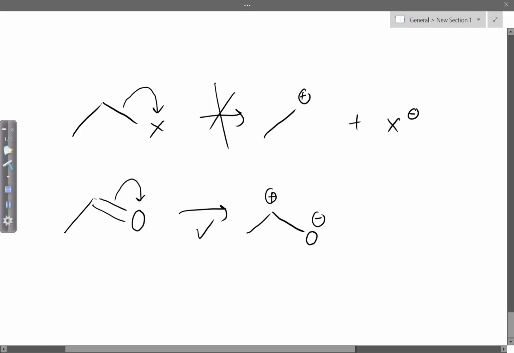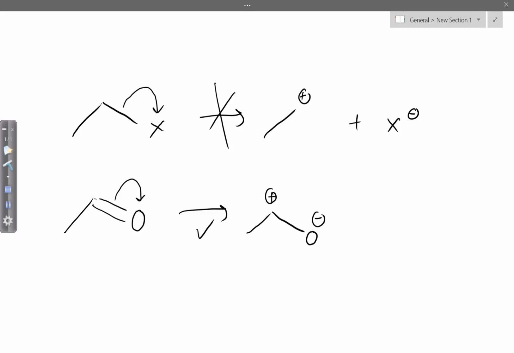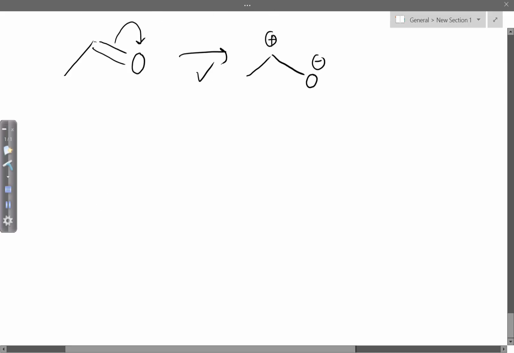Next, rule 2, never exceed an octet for second row elements. Elements in period 2 can only contain up to 8 electrons. This one is already learned. Therefore, for period 2 elements, the number of bond pairs and lone pairs can never exceed 4. One example is this, right? Is this difficult?